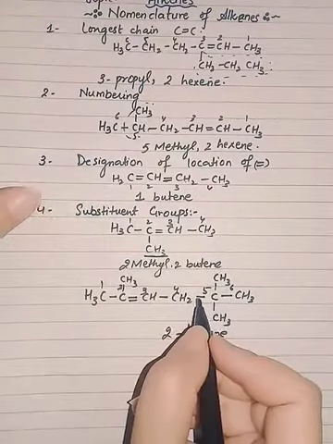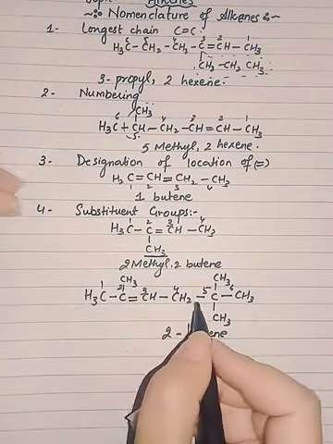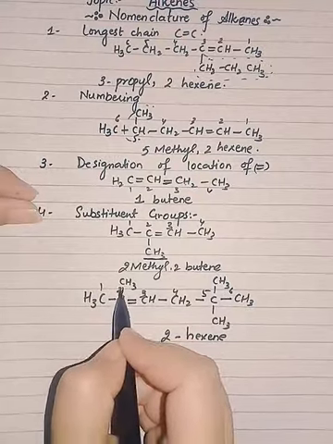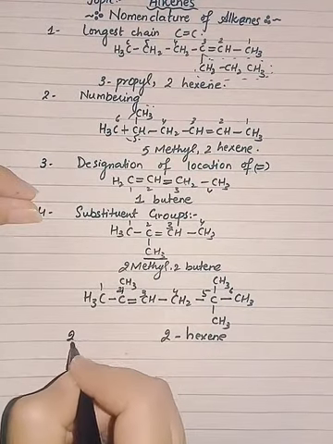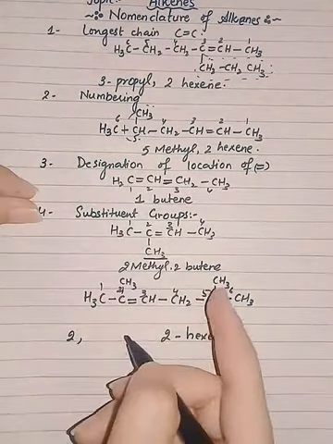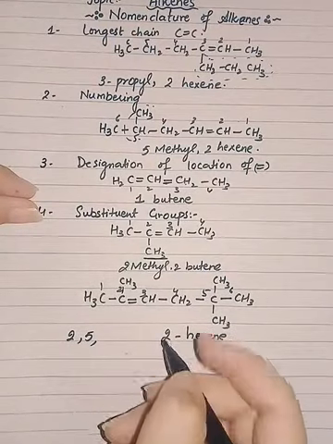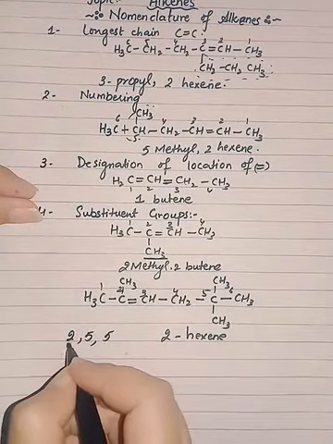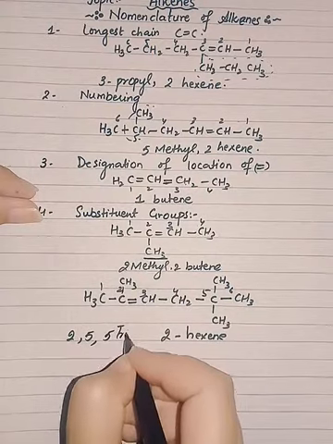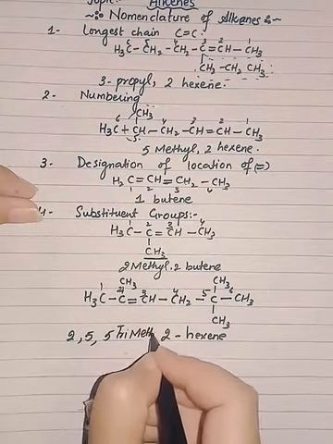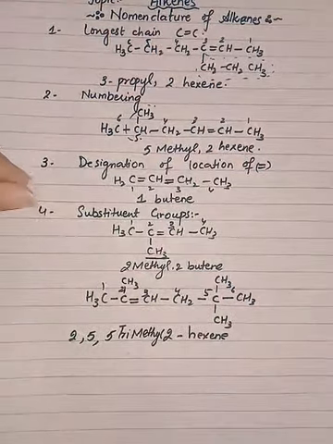Now let us locate the functional groups. The functional group 1 is at 2, the other one is at 5, and the third one is also at carbon number 5. So it will be 2,5,5 trimethyl 2-hexene.